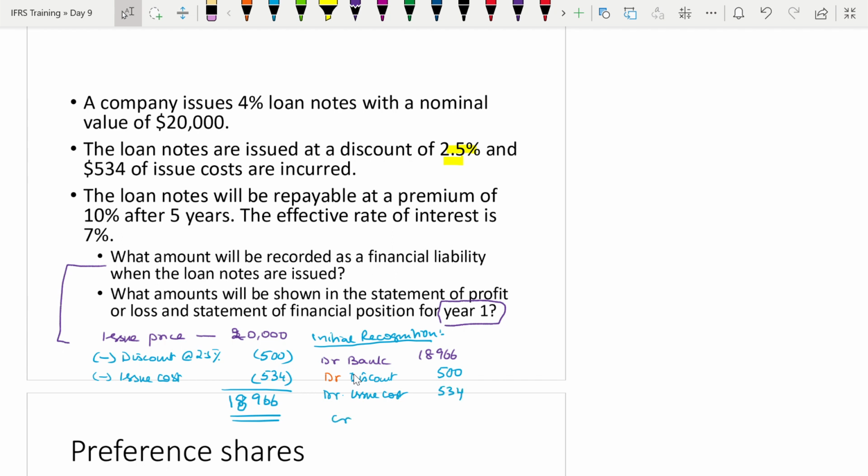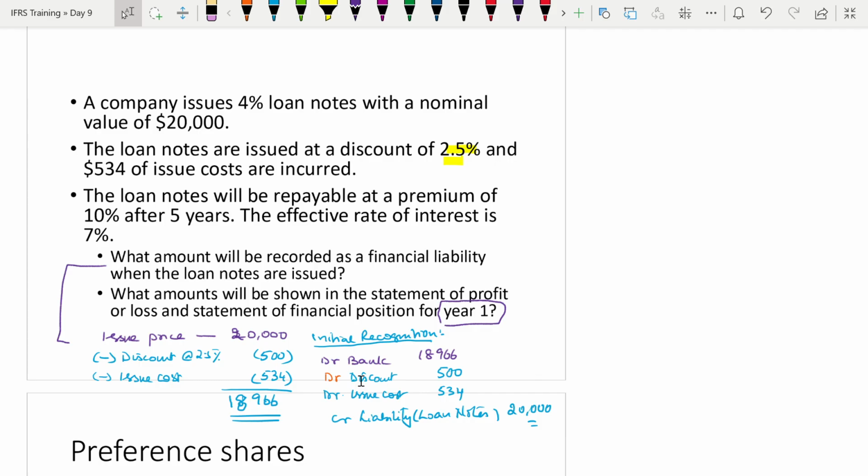Credit will be the liability, loan notes, 20,000. Are you clear about this? Is it okay? Yes. Next.